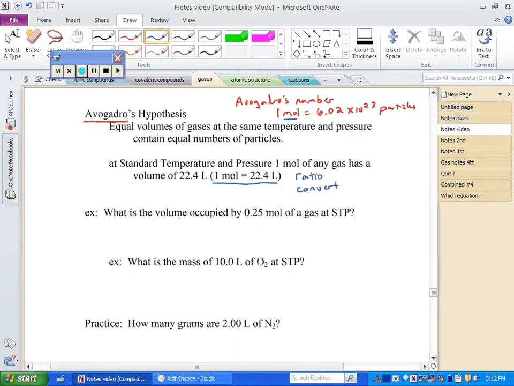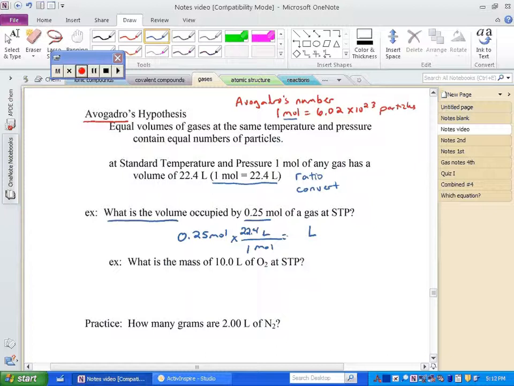Okay, so what is the volume? So liters is what we're looking for, and we're given 0.25 moles. So we have moles in the bottom, liters in the top. Liters is 22.4, moles is 1. So we have 0.25 times 22.4.